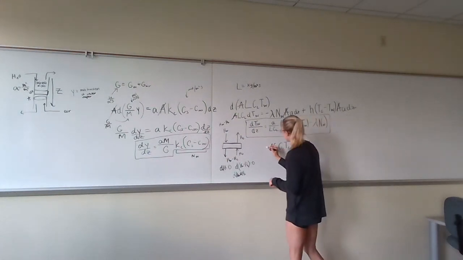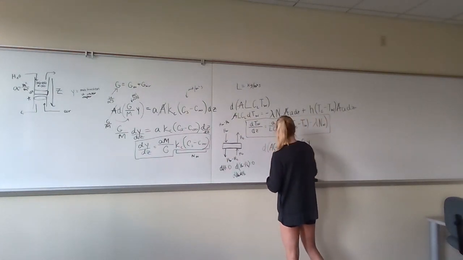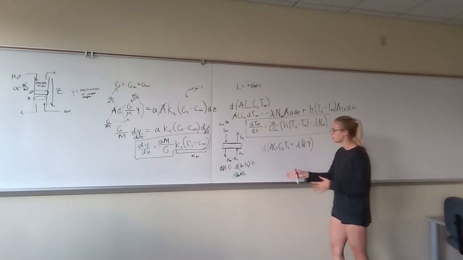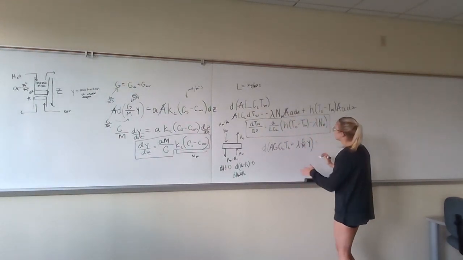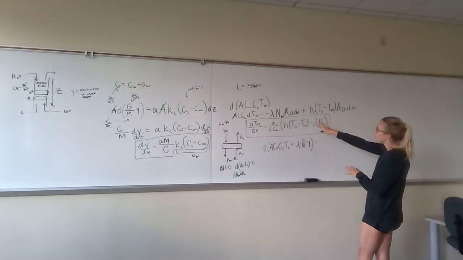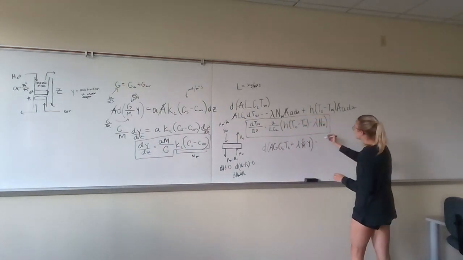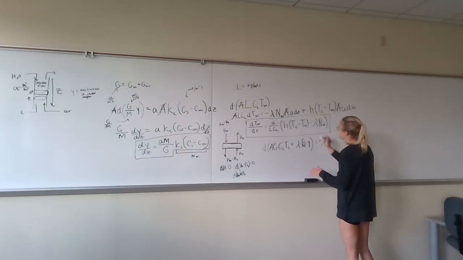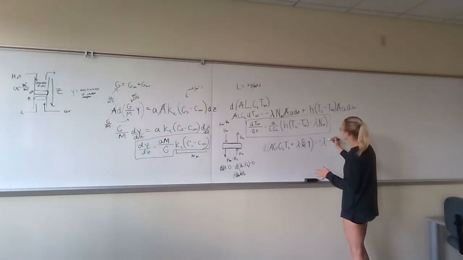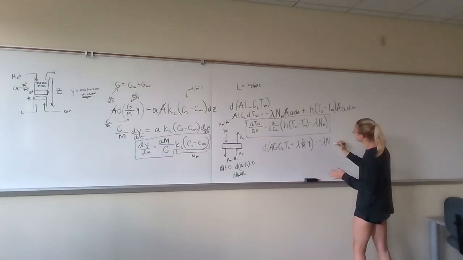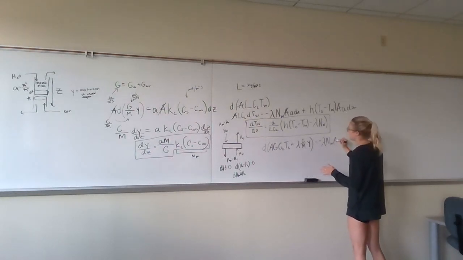So when we take the derivative of this, it will give us the change in enthalpy for the gas phase. And we can set this equal to the change in enthalpy for the liquid phase that we have up here. So I'm just going to copy down this equation right up here. So we have negative heat of vaporization times the area.